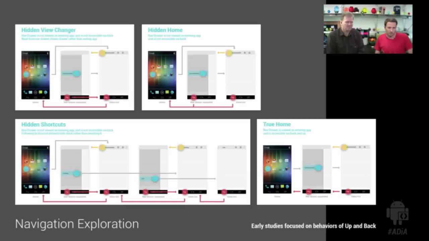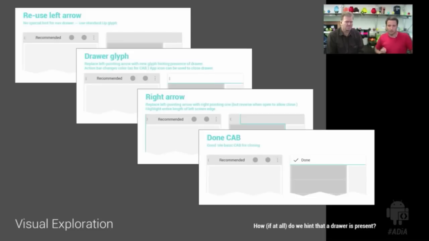So what you're seeing on the screen here are some of really the earliest wireframing work we did around this drawer pattern and defining it. After we consider the interaction, we like to look at what the visual storytelling we're going to do with these elements could be. And with the drawer, we had a lot of different options, even just thinking about what that trigger mechanism would look like to let the user know that there was a drawer there.